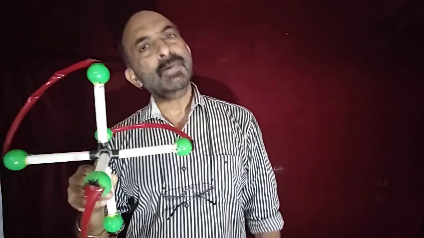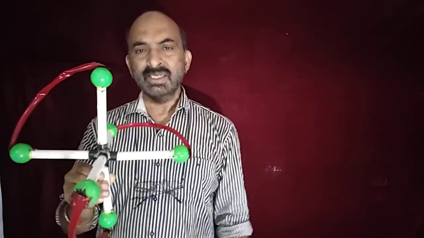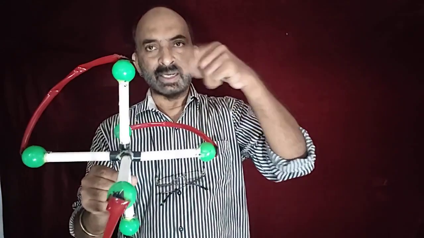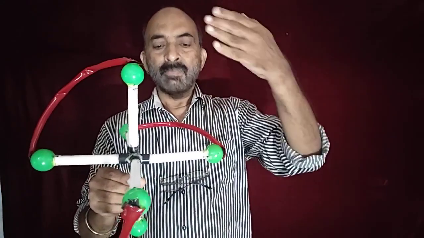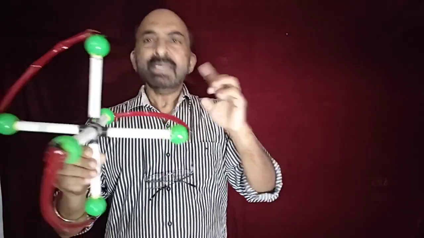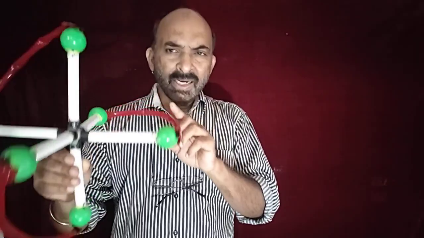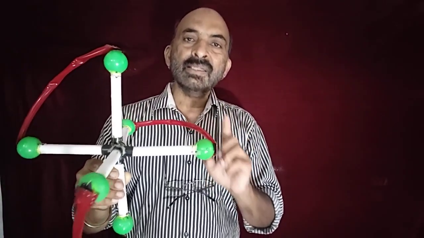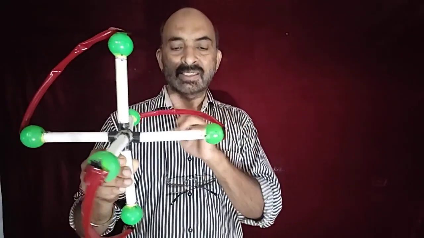Three mutually perpendicular circles we can imagine, and this basic structure remains within those three mutually perpendicular circles, because the molecule itself is in three planes. One plane, another plane, third plane.